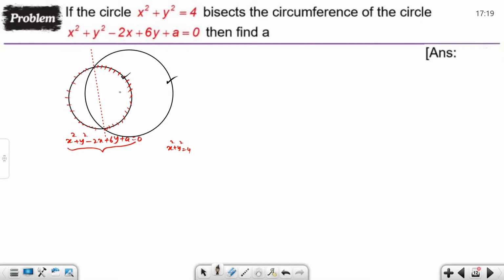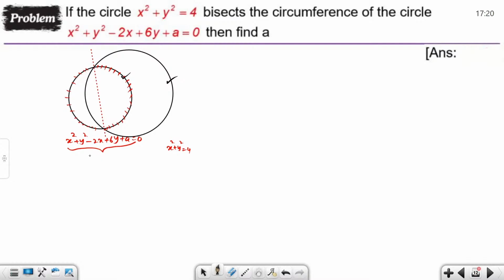It's only possible when the common chord for both these circles is the diameter for the first circle, whose circumference has been bisected. Okay, the diameter of that circle will be the common chord or the radical axis, in whichever way you want, you can say, will be that line, right?